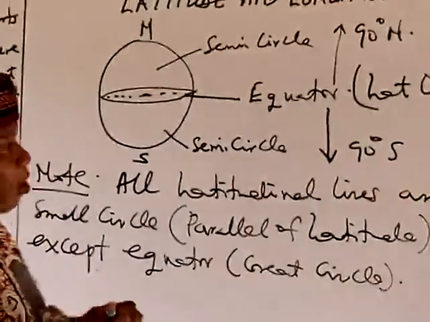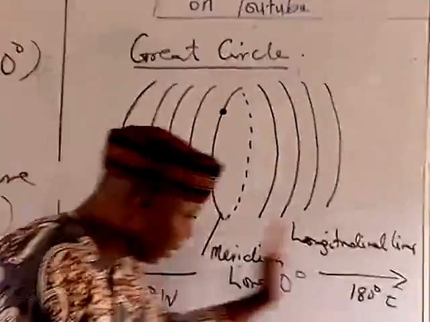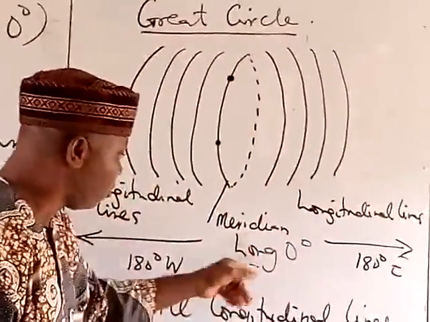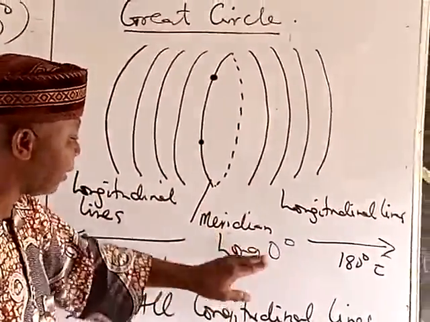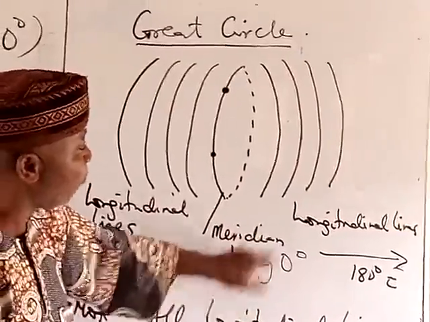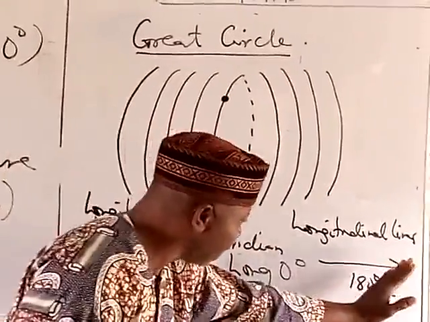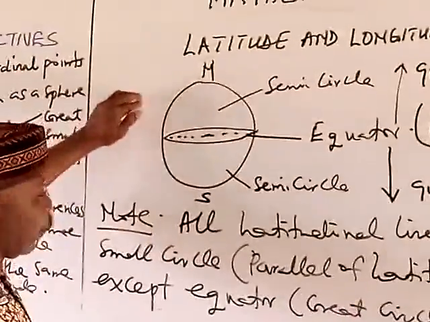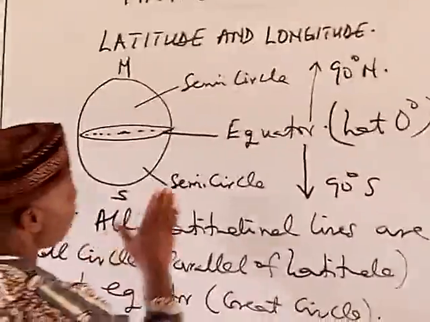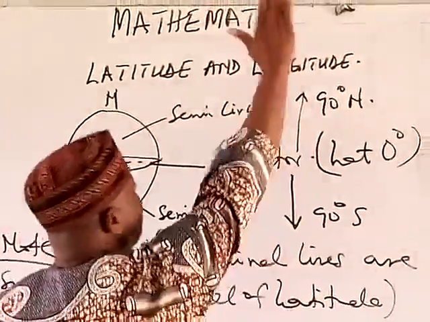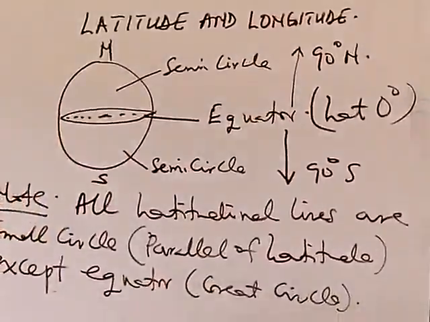When we have this for the longitudinal line, you have 180 degrees from the longitude. The prime meridian serves as the reference point for the longitudinal line, 180 degrees east, 180 degrees west. But in the case of the latitudinal line, that is a small circle, you have 90 degrees northern part and 90 degrees southern part.